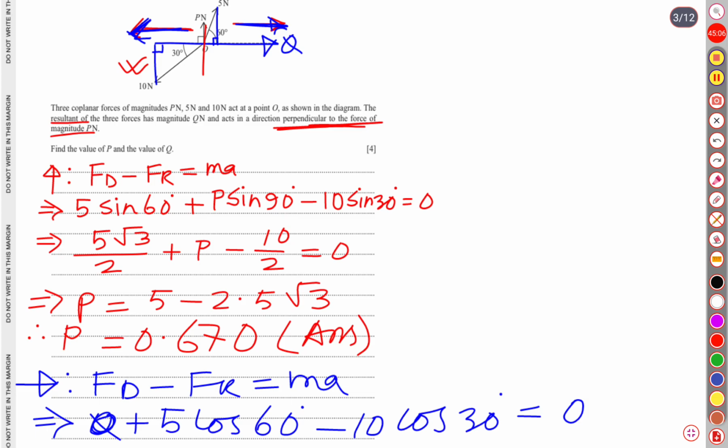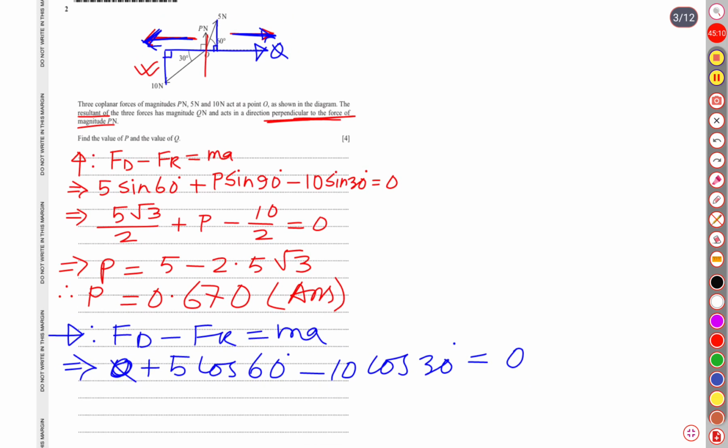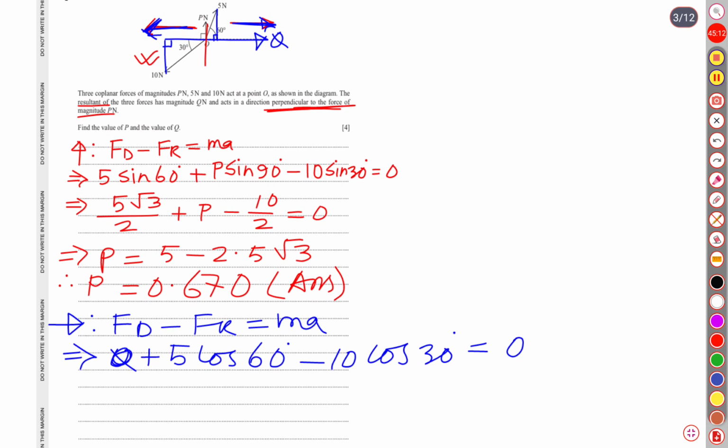We are going to untie the knot whether Q is on the positive direction or not. Okay, so Q is going to be 10 cos 30. 10 cos 30 means, actually cos 30 is square root over 3 over 2. So 10 square root over 3 over 2 minus 5 cos 60 is half. So 5 over 2.